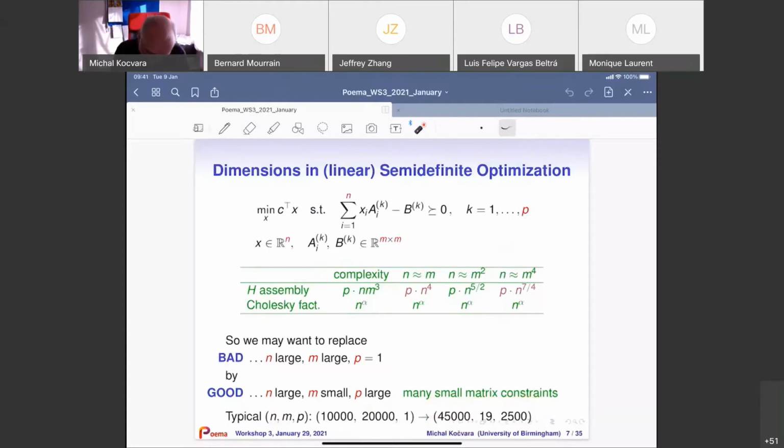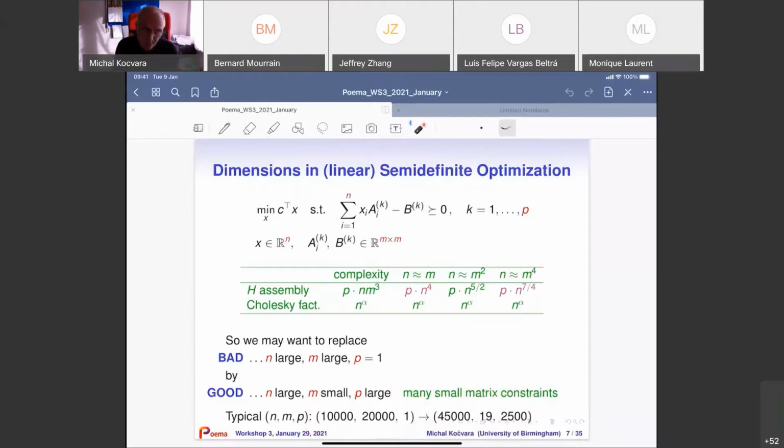So many more variables, but not really many more, 5 times more variables, but a much, much smaller matrix variable in the linear matrix inequality. And p, the number of matrix inequalities, will grow. But we will see from that formula that this is still a harmless number compared to this n to the power 4. So from the complexity point of view, this should be a much better situation than that.